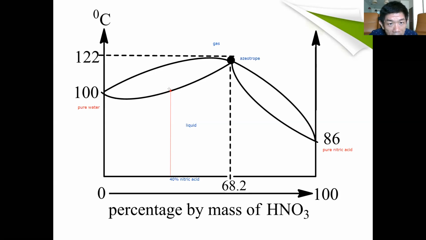As you can see, the process of vaporization, condensation, vaporization, condensation, vaporization, condensation keeps on occurring until you see that here, your first distillate coming out will be pure water. Do you see that? The first distillate here will be pure water.